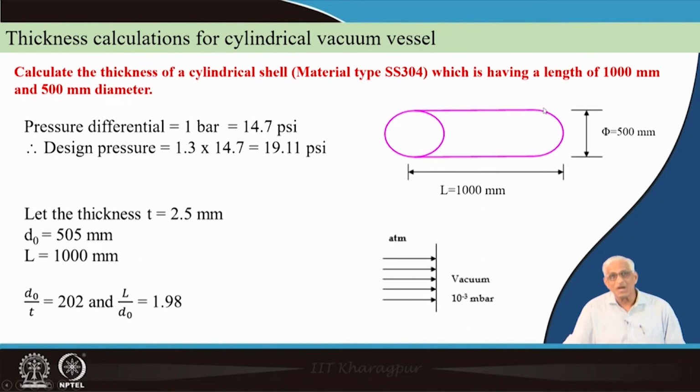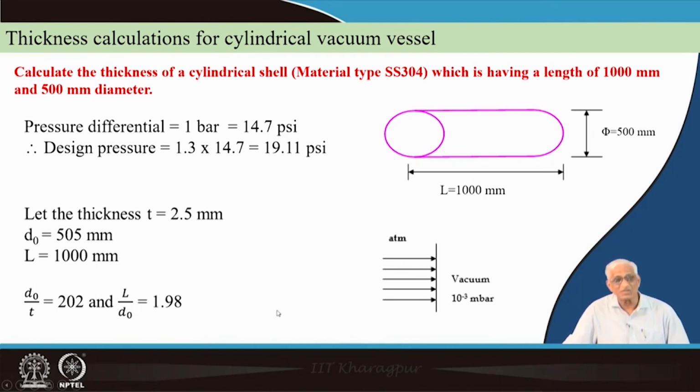So what will be the outer diameter? 500 millimeter plus 2.5 plus 2.5, it will be 505 millimeter, with which we will make the dimensionless parameters Do by t and L by Do. Do by t is the outer diameter by the guessed thickness, and L by Do is the L by D ratio of that chamber.